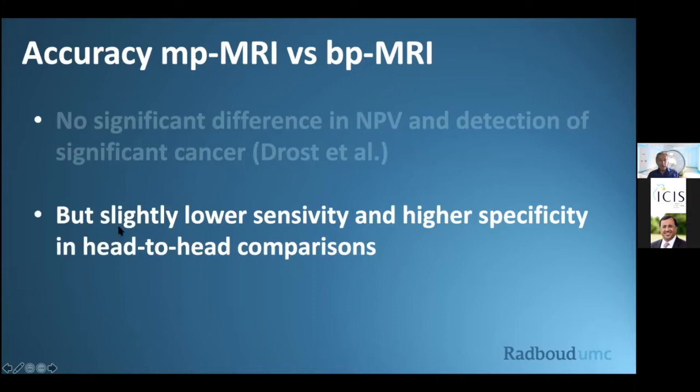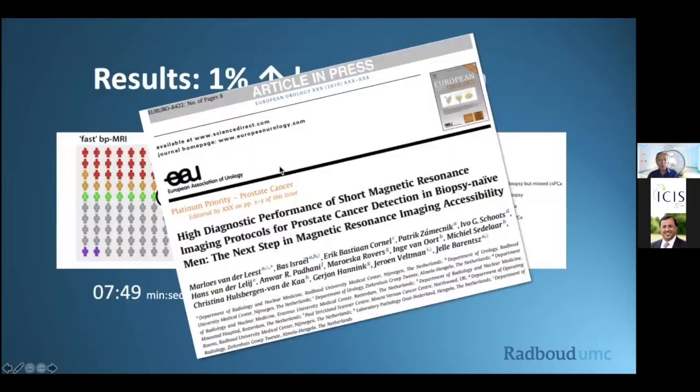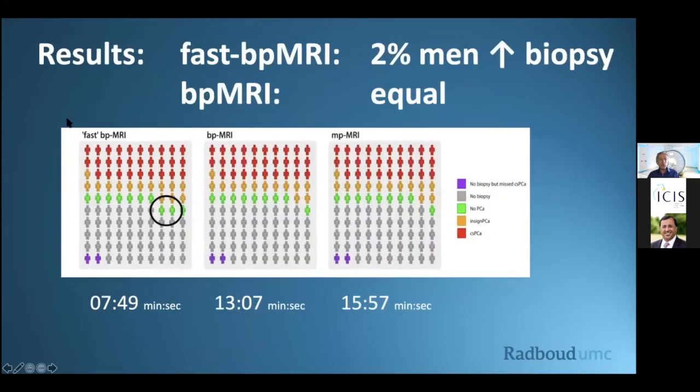There is in some papers a lower sensitivity and higher specificity in head-to-head comparisons of multi-parametric MRI versus biparametric MRI. This is one of the head-to-head comparisons. I mentioned it earlier, the 4M study. And here you can see the results of fast biparametric MRI versus biparametric MRI with 3 planes T2 and multi-parametric MRI. You can see that biparametric MRI and multi-parametric MRI are equal.